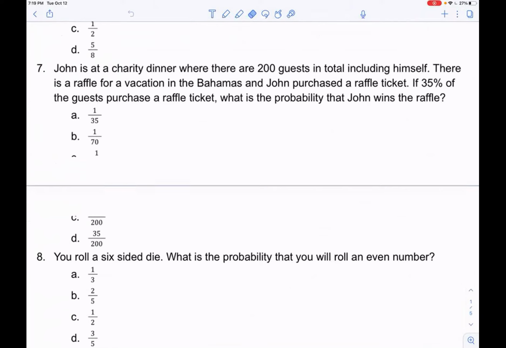It's really the ones where the answer choices are like 0.5%, just really the percents. Basically, they're asking you to change the percent to a decimal. Yeah, because all the answer choices right here are fractions, but we can go with number 7.